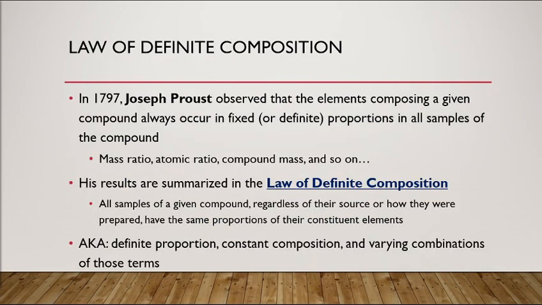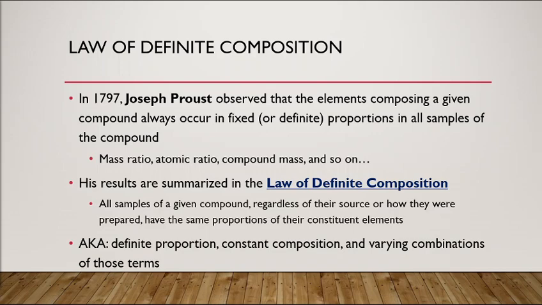When we talk about the law of definite composition, we are talking about multiple samples of one and only one compound. If you find a sample of water underneath your porch, if you create a sample of water in the lab, or if you find a sample of water on Mars, they're all going to have the same definite proportions and ratios and densities and everything else.